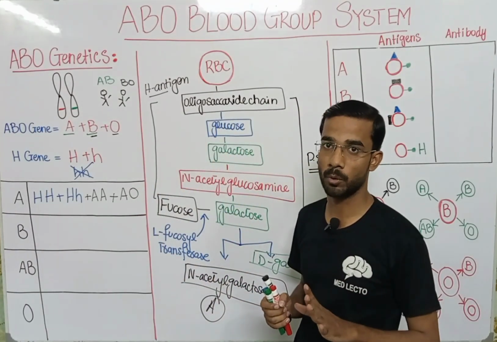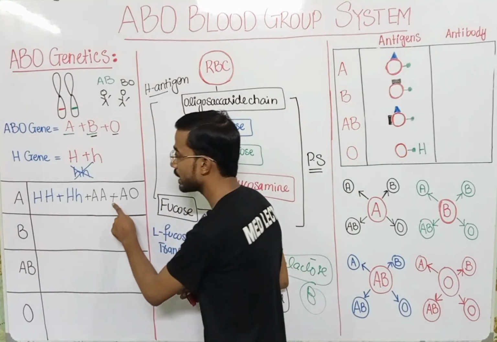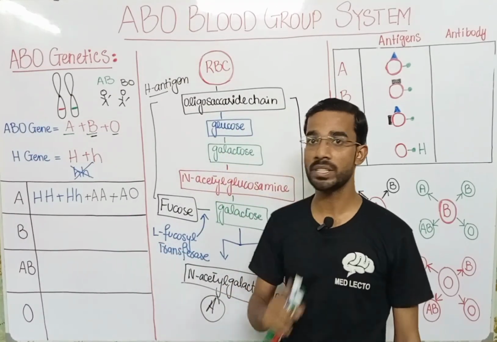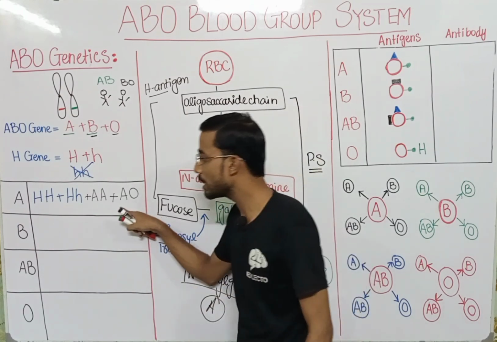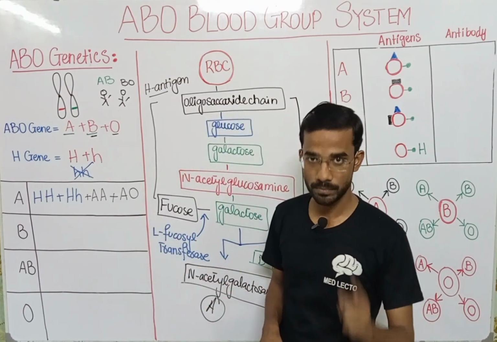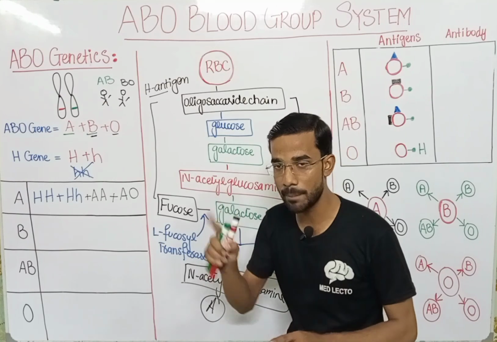This is very important. It means that in the A blood group, half will be the H antigen and half will be the A antigen. Both antigens will be present in the A blood group.